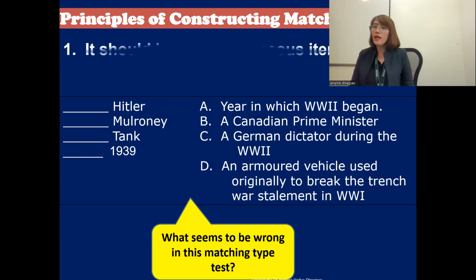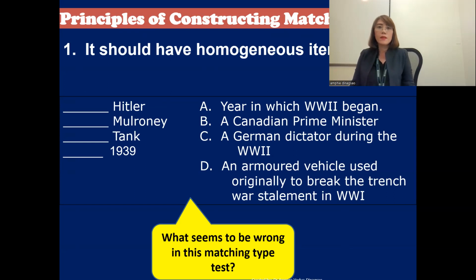So let's talk about the guidelines in constructing a matching type of test. Number one, it should have homogeneous items, meaning that if you are matching descriptions with possible functions of laboratory tools, then the students will match a certain type of laboratory tool.